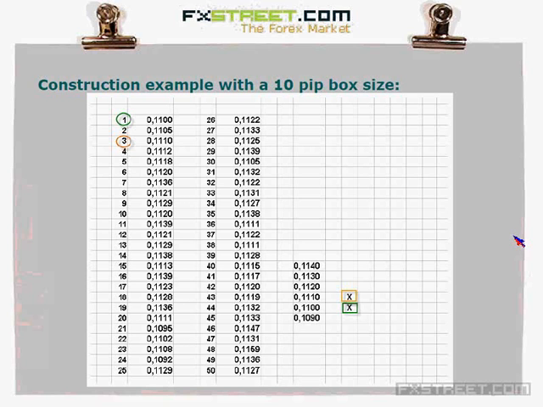In point and figure charts, there are two variables which have to be determined before you construct a chart. One of these two variables is the box size. So you have to decide how many points, or in our case, how many pips the price has to move in order to record a new box, to fill a new box. In that case, we will use a 10 pip box size.